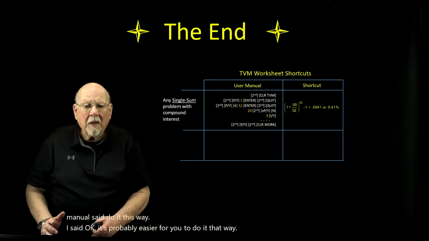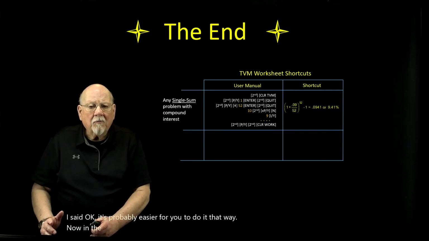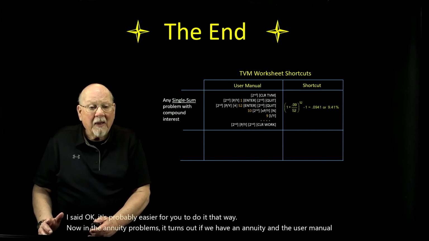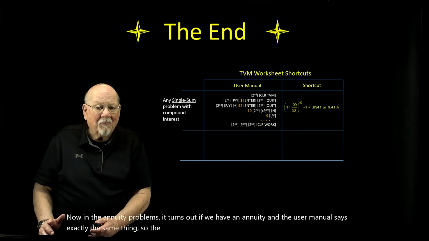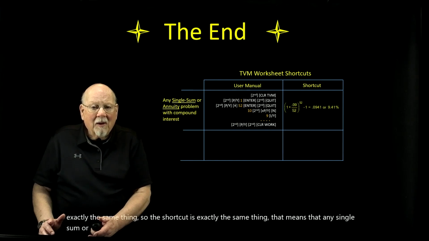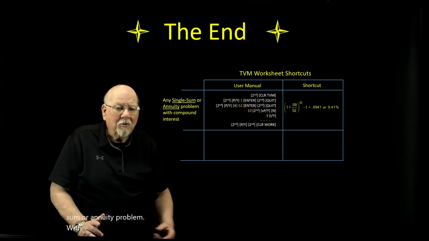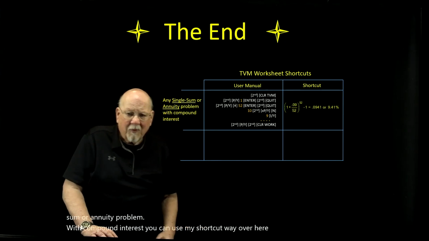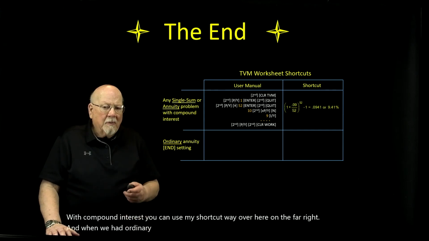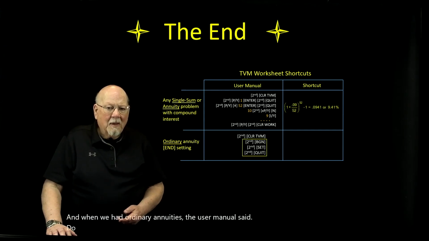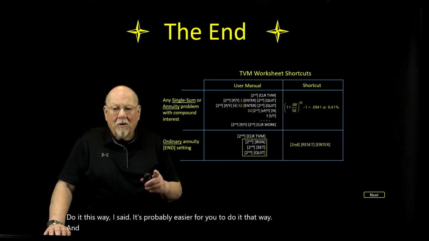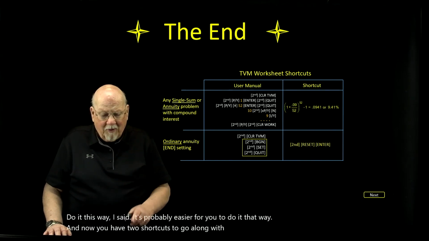Well, now, in the annuity problems, it turns out if we have an annuity and the user manual says exactly the same thing, so the shortcut is exactly the same thing, that means that any single sum or annuity problem with compound interest, you can use my shortcut way over here on the far right. And when we had ordinary annuities, the user manual said, do it this way. I said, it's probably easier if you do it that way. And now you have 2 shortcuts to go along with your knowledge of how to solve all of these problems.